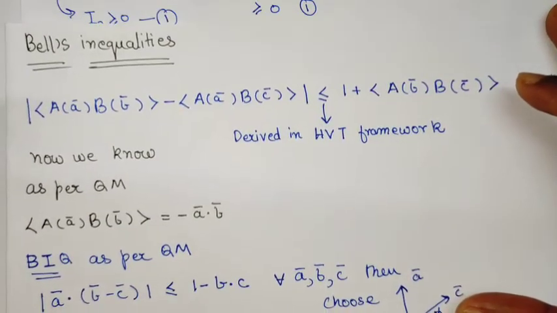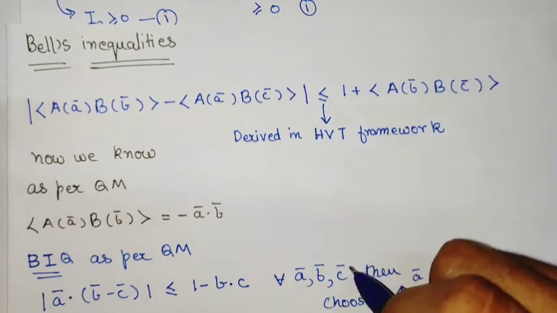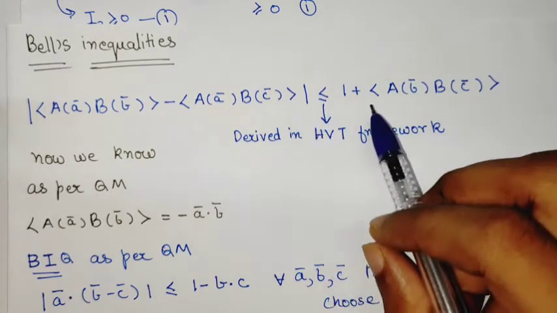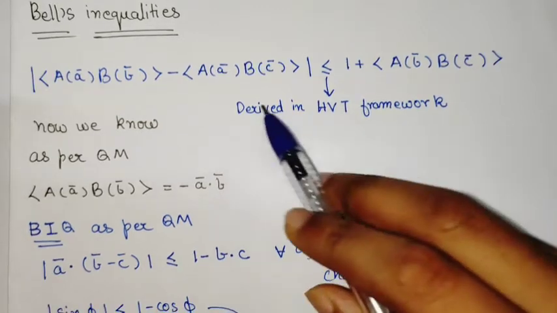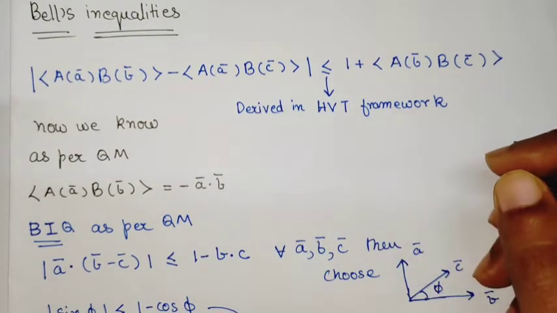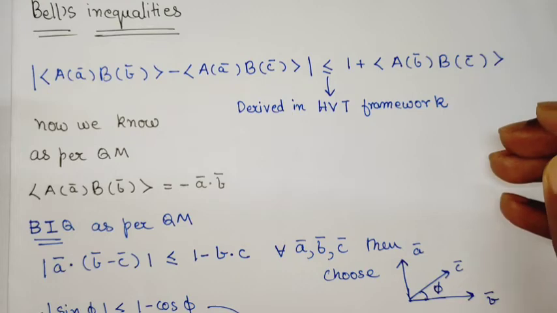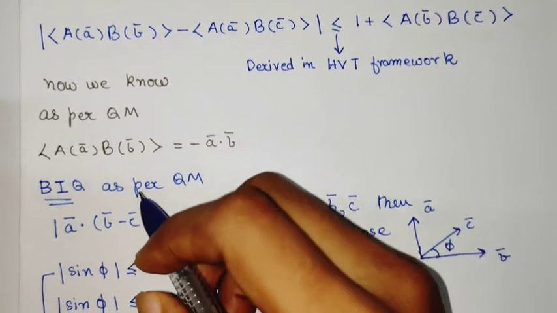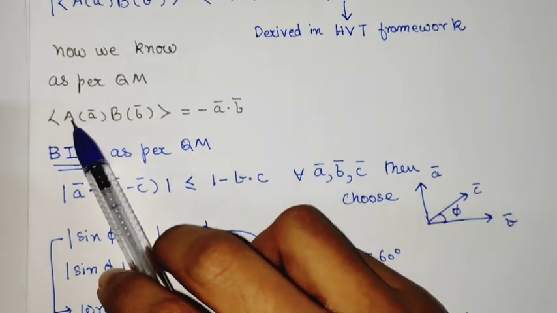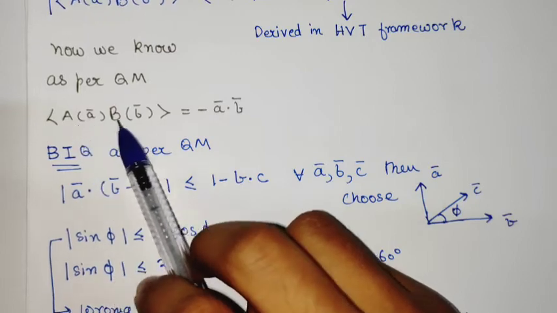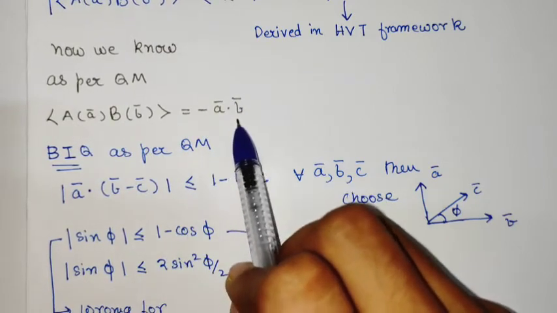So this is the Bell's inequality, and there are different forms of this inequality and there are different explanations. This explanation using this integration is what Bell followed. So now we know that as per quantum mechanics, the average value of this product of these values of spin component of Alice and Bob is of this particular form.